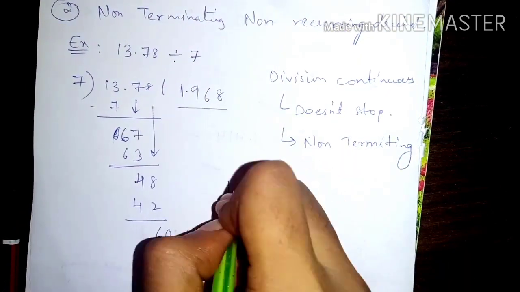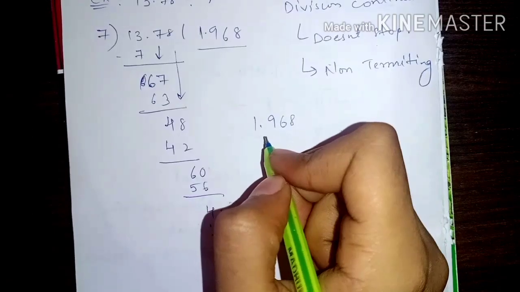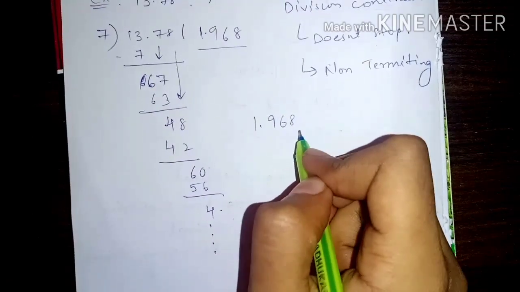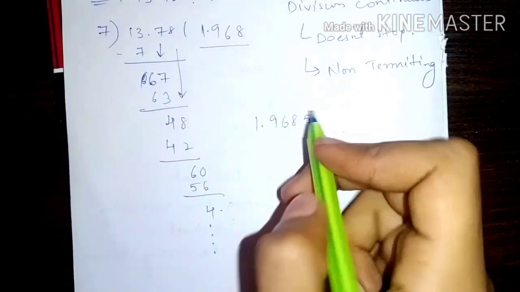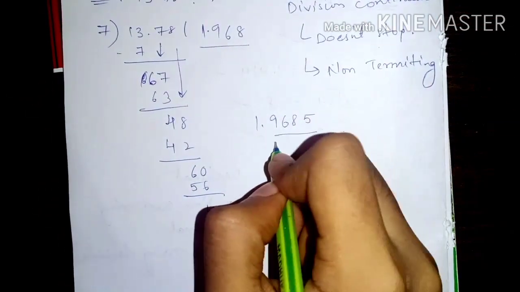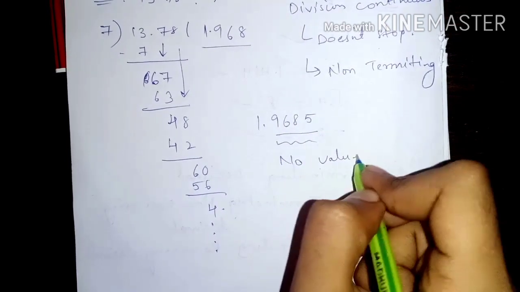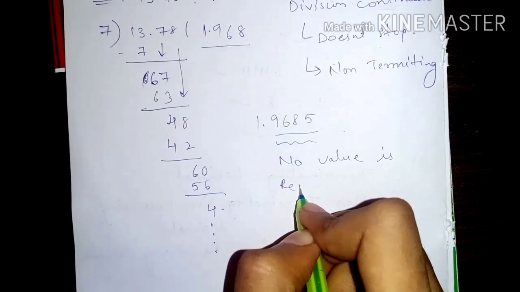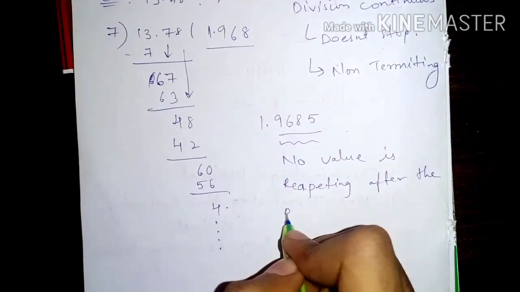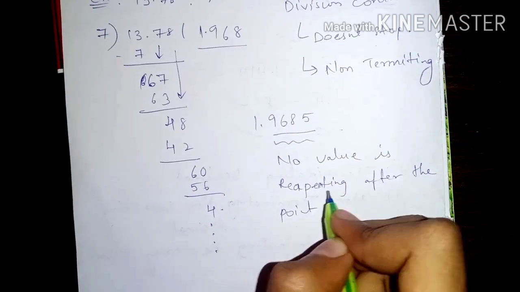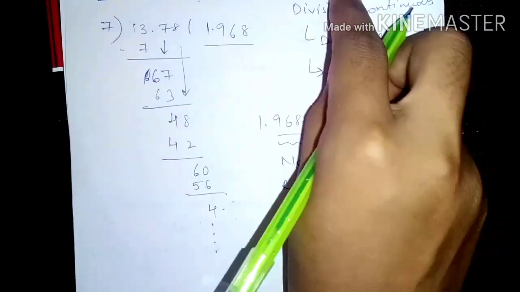The quotient is 1.968, and after that you will be getting a 5 here. So what does non-recurring exactly mean? It means no value is repeating after the point. So this is called non-recurring.